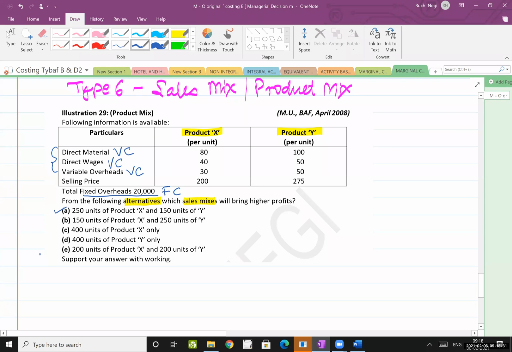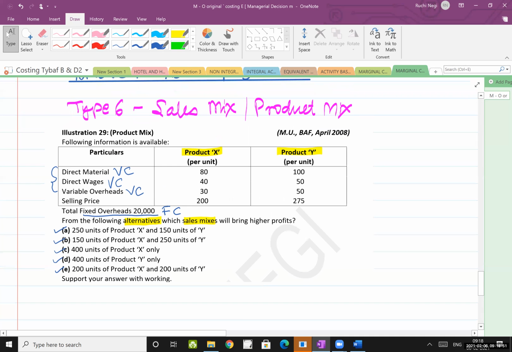First, 250 units of X, 150 units of Y. Then the reverse, 150 units of X and 250 units of Y. 400 units of X only, 400 units of Y only, 200 units of X and 200 units of Y. So these are the possible sales mixes that they expect you to calculate.